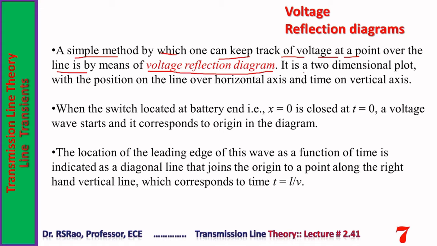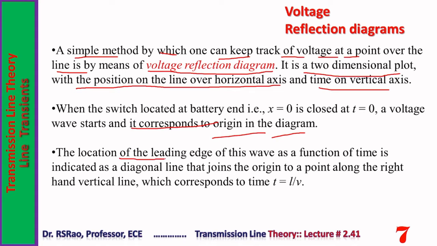It is a two-dimensional plot with the position on the line on the horizontal axis and time on the vertical axis. When the switch located at the battery end, that is at x equal to 0, is closed at t equal to 0, a voltage wave starts and it corresponds to the origin in the diagram.